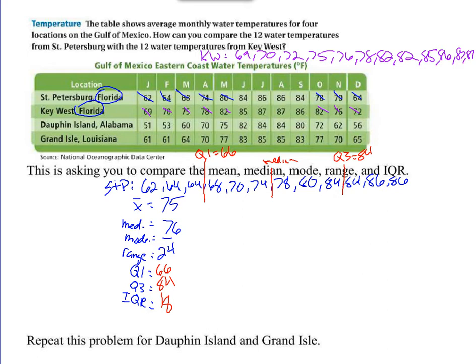And for Key West, we need to do the same stuff. So we have an X bar, median, mode, range, Q1 for the interquartile range, Q3, and then finally we can do IQR. All right. Do we have an average yet?